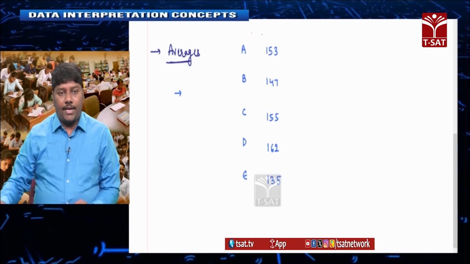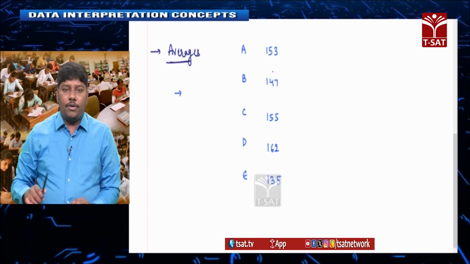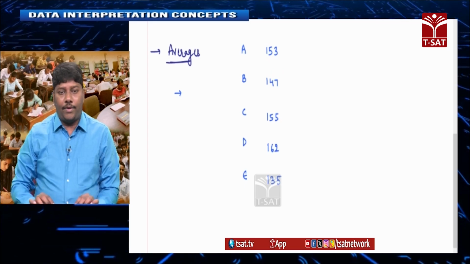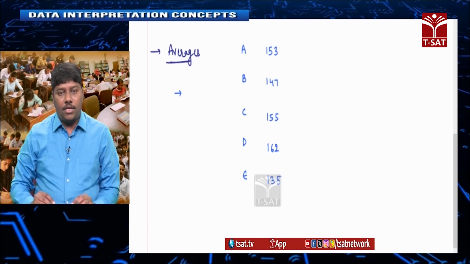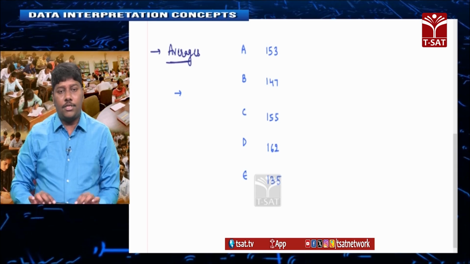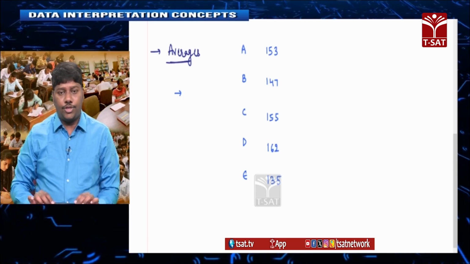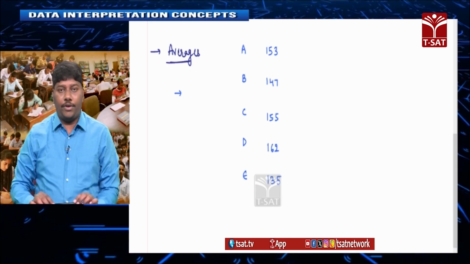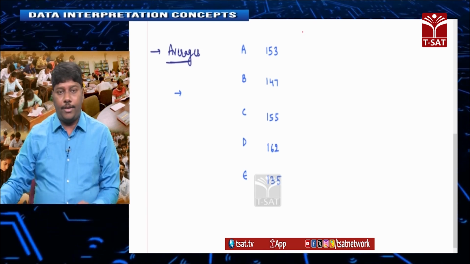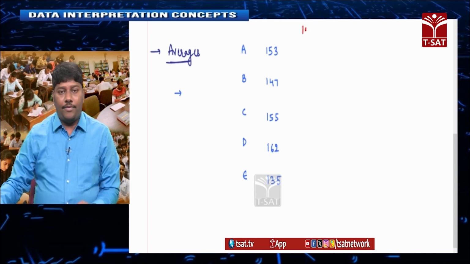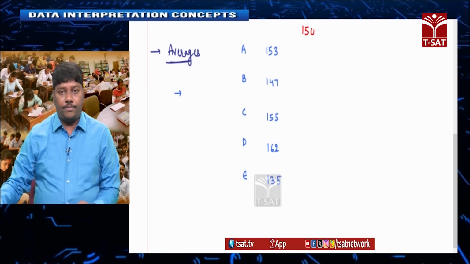So I'm assuming the data: take any number in between. 135 is the minimum number given, 162 is the maximum. So take any value in between 135 and 162, and let it be a round figure so that you can easily do it. I'm assuming it as 150. Let the assumed average be 150.